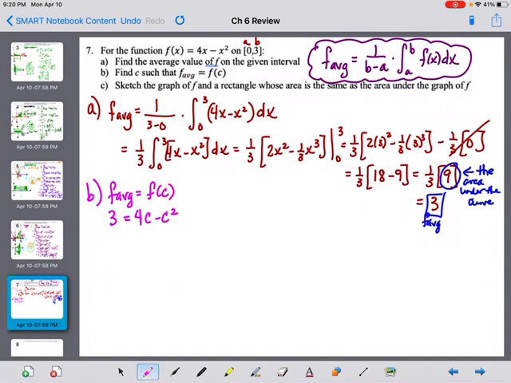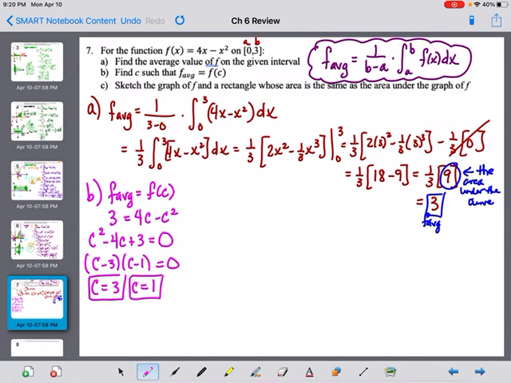I like to factor when a is 1, so I'm going to move everything to the left side. So this is going to make c squared minus 4c plus 3 equals 0. When I factor this, I end up with c minus 3, c minus 1. So that tells me that I have two values, c equals 3 and c equals 1, where f of c is equal to f average.